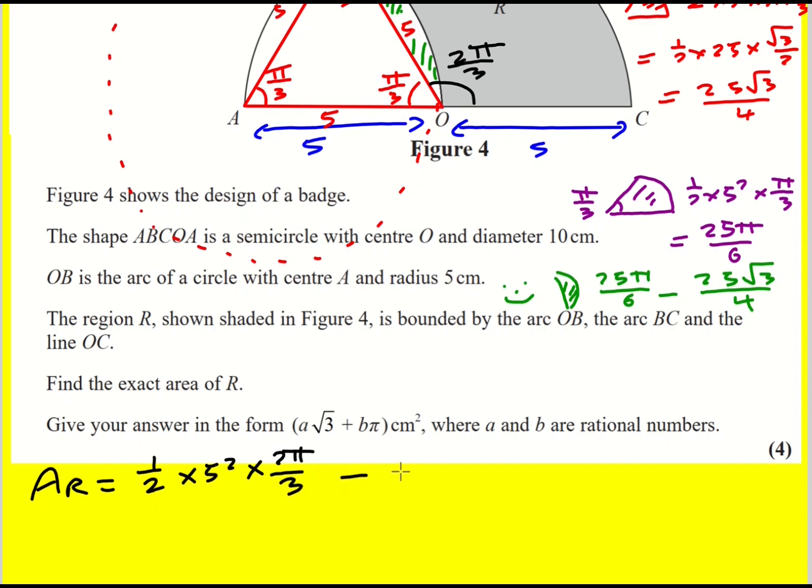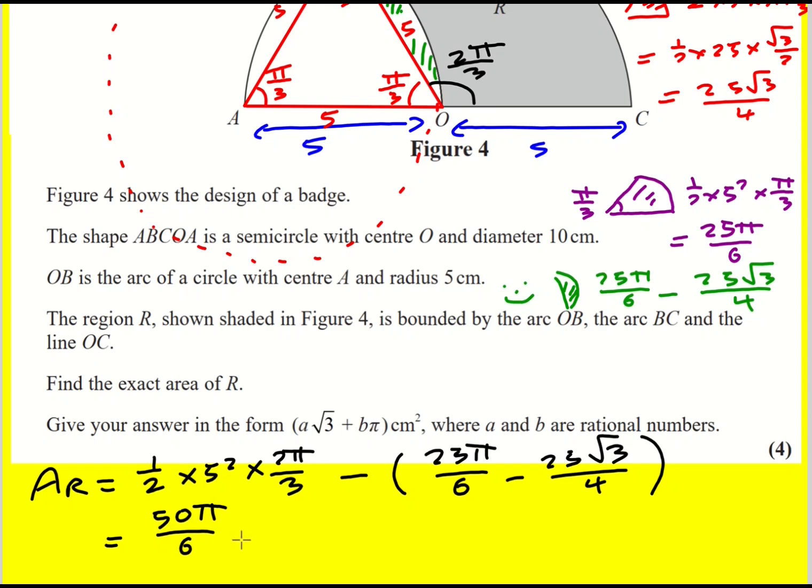Then I'll be minusing that green area, 25 pi over 6 minus 25 root 3 over 4. This becomes 25 over 3, which is 50 over 6.